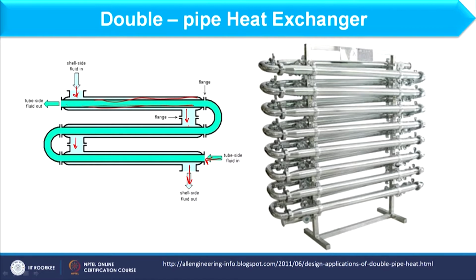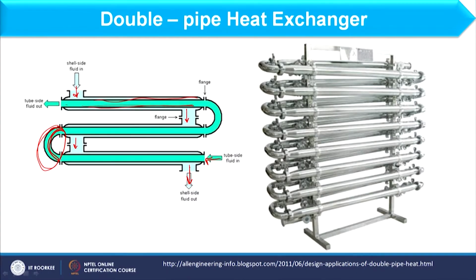Now if you consider this particular section of a double pipe heat exchanger, this section is basically called a hairpin. Hairpins usually have a U shape, and that shape is available over here also, and therefore this section is called a hairpin.